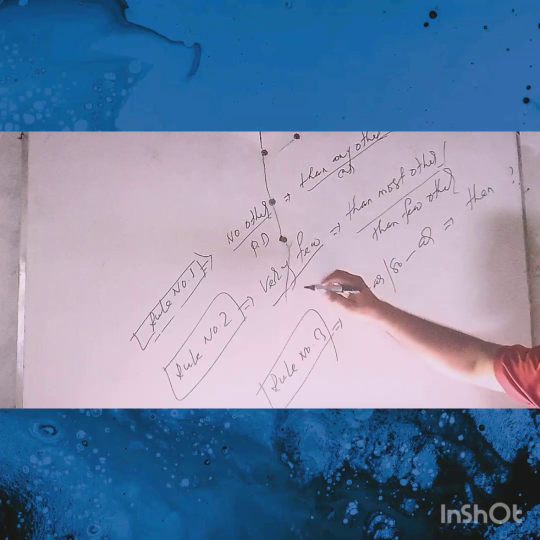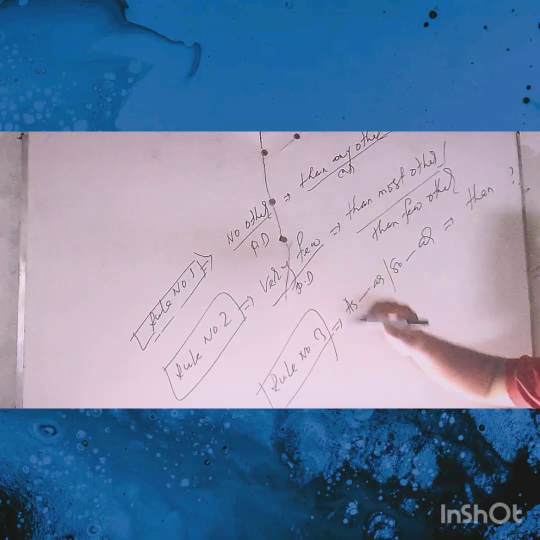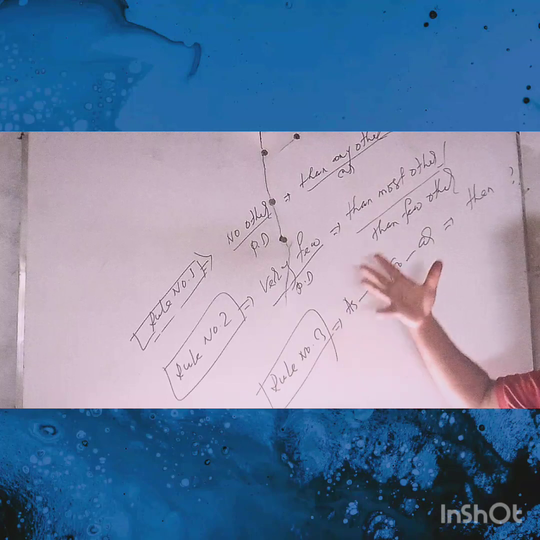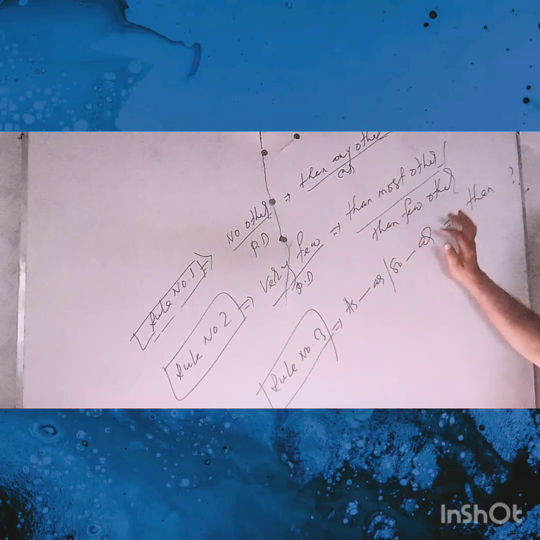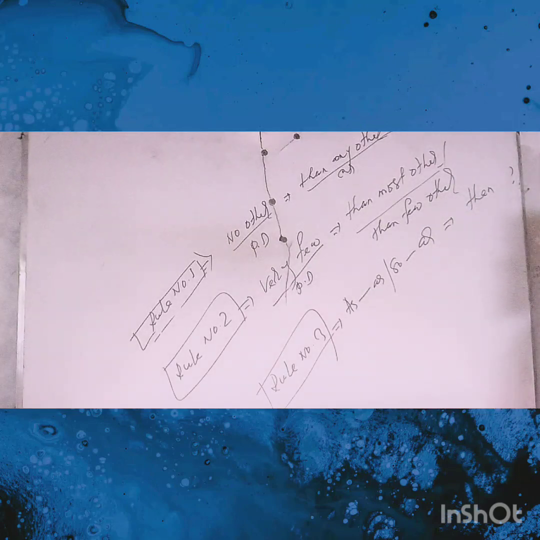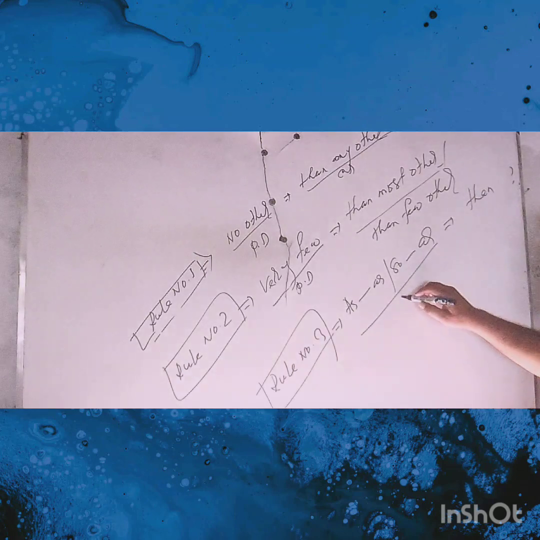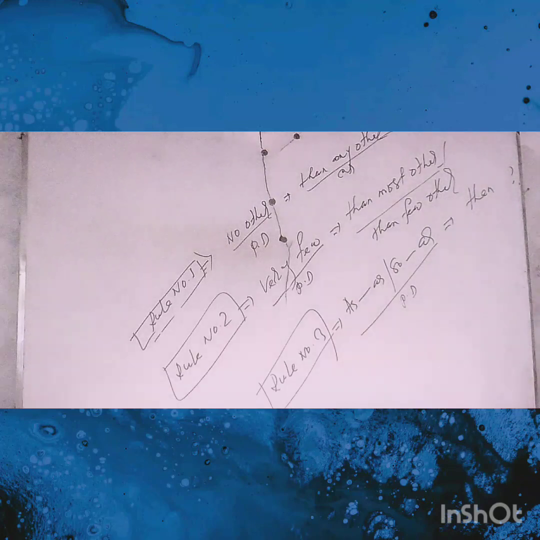Number two: very few is used in a positive degree, and if any positive degree starts with very few, you have to use than most of the, oblique than any other, in the middle of the statement. Very few is used as the starting word, but than in the other is used in the middle of the statement. Keep this difference in mind. From rule number three, as dot as, oblique so dot as is used in a positive degree, and than is used in a comparative degree.